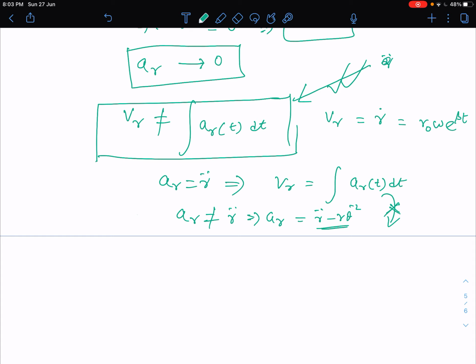So that's why the radial part can go to 0. So that is our answer to problem B, problem 2. So that's it for now. Thank you.